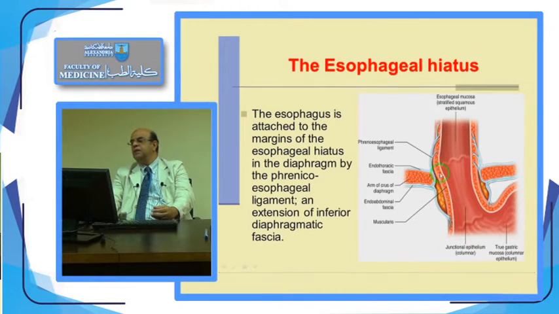This permits some mobility in this region, but also anchors the stomach not to herniate in the chest, unless these ligaments become redundant, and at this time herniation can occur or reflux can occur.